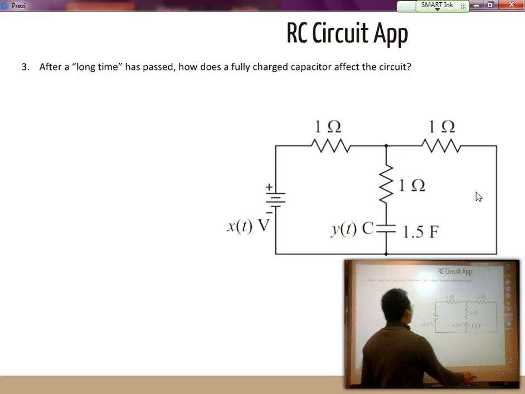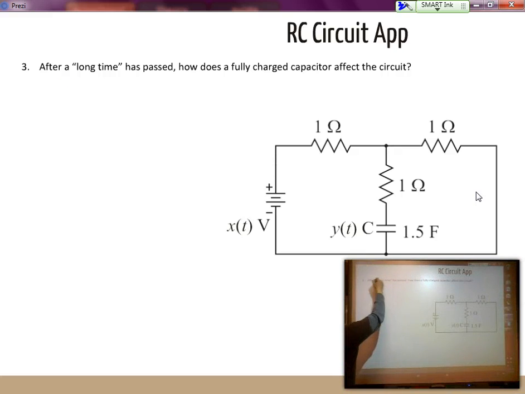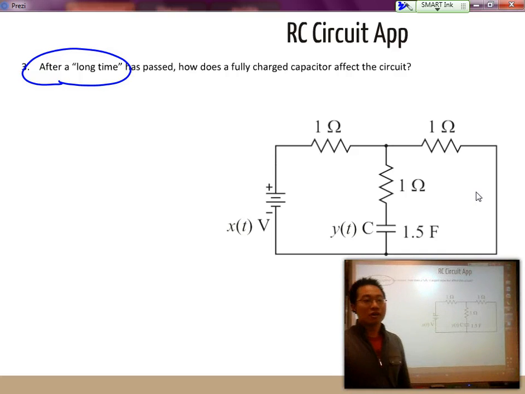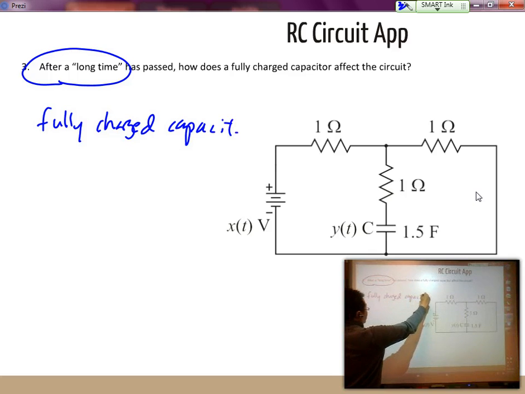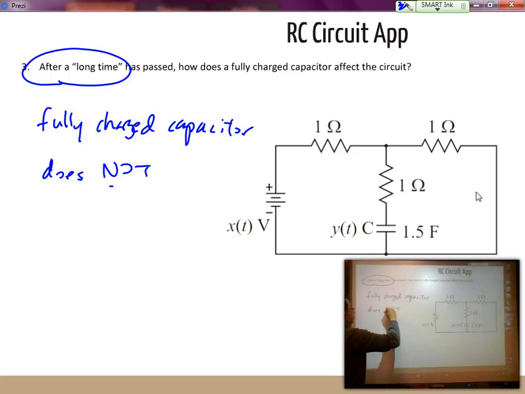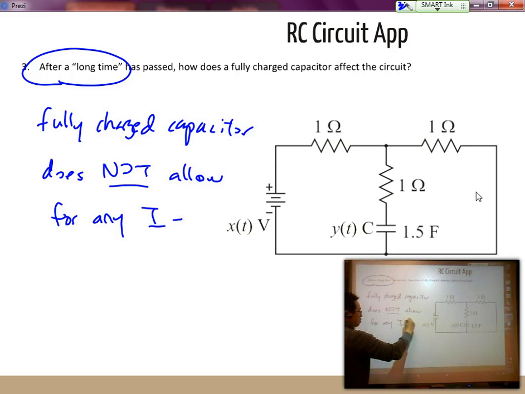So after a long time, keyword being a long time, normally you can use calculus to calculate this, but basically a fully charged capacitor does not allow for any current to flow through anymore.